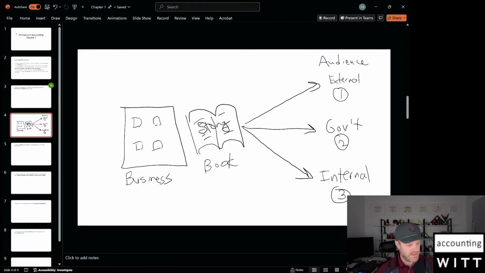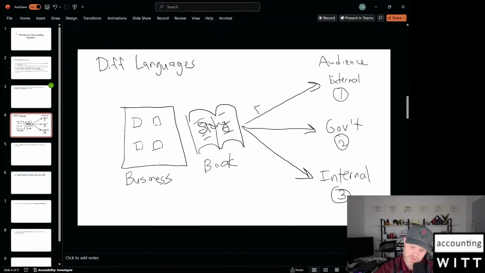So we'll come back to that in a second, but this is the graphic of different languages or different dialects. Let's call this financial accounting. Financial accounting is the language of accounting that is meant for external users. Then tax accounting is for government, and managerial is for internal users. Okay, we'll see what the book says and go into depth about those things.